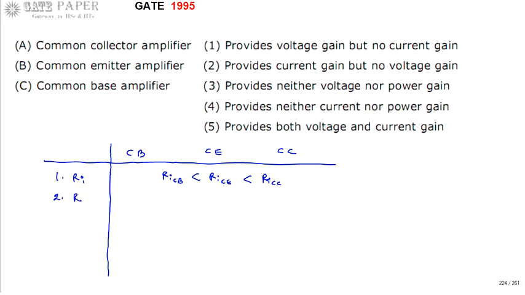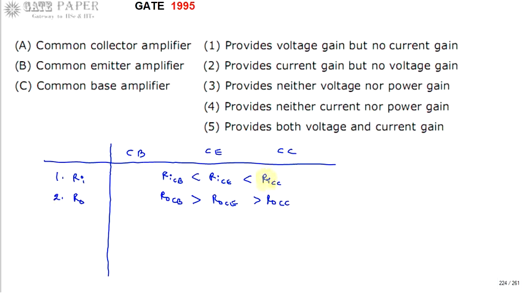Next, output impedance Ro or Zo. Output impedance is very high in case of common base, moderate in case of common emitter, and very small in case of common collector.